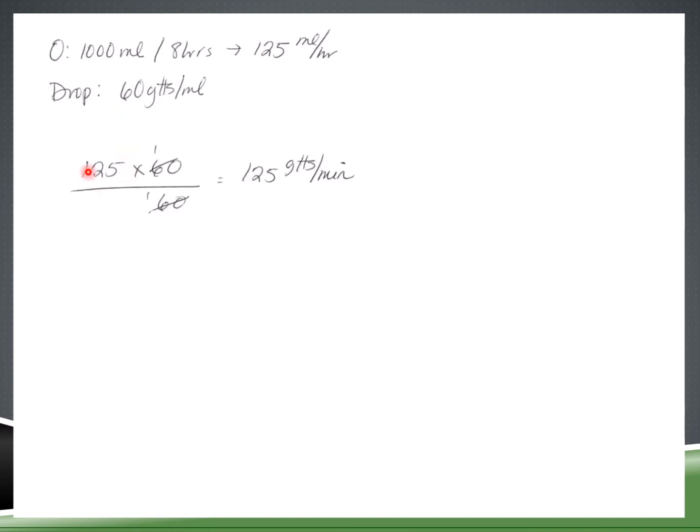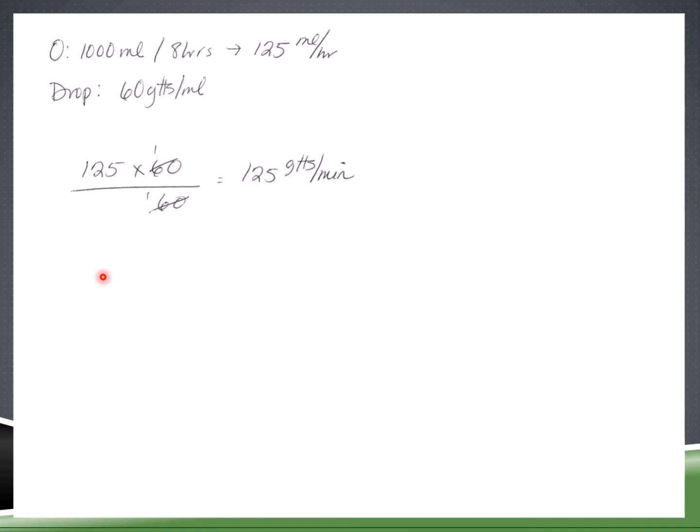Okay, so when you set it up, it's 125 times 60 over 60, which reduces to 1 over 1, which means that anytime you have a micro drip tubing, whatever your rate is, your drops per minute that you're going to calculate out, it's going to be the same because you're multiplying it by 60 over 60, which is essentially multiplying it by 1.